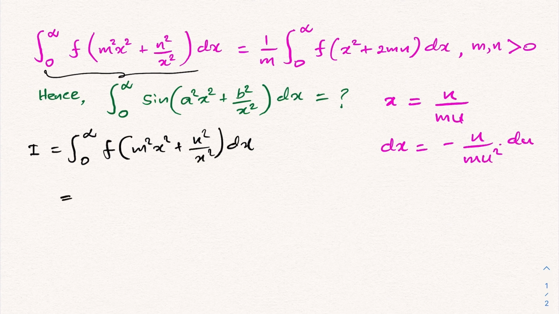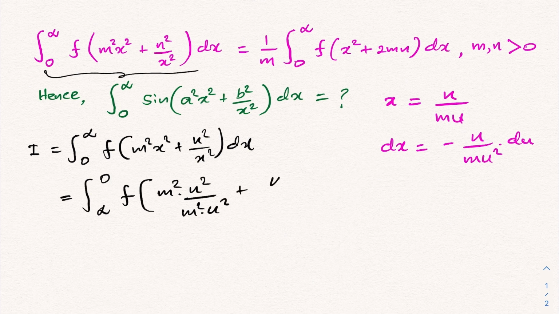Now we should change the boundary. When the lower limit x approaches 0, u approaches infinity, and when x approaches infinity, u approaches 0. Then f of m square times x square, we know n square over m square times u square, plus n square over x square, we know again n square times m square u square times dx, which is minus n over m times u square du.